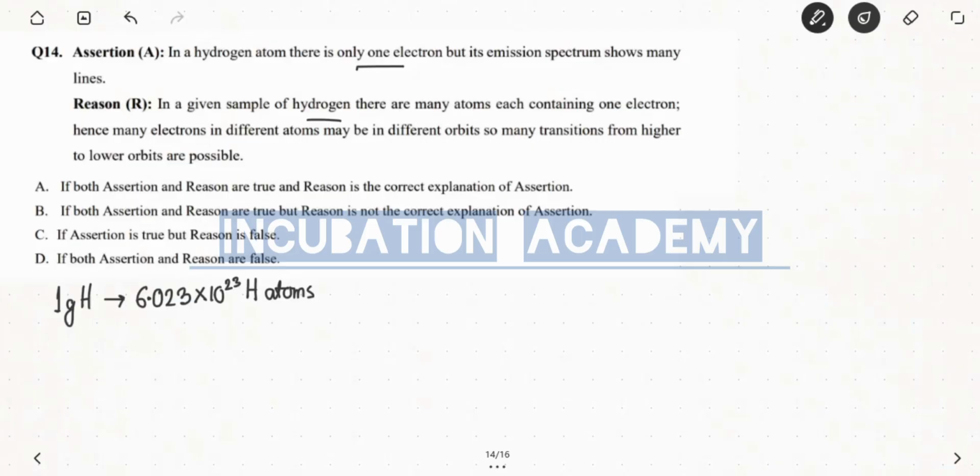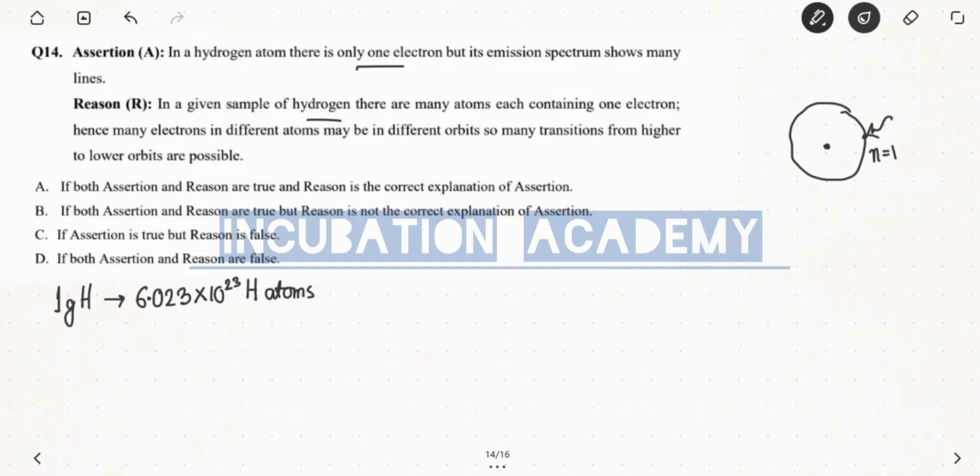We also know that hydrogen has one nucleus at the center and one electron revolving around the nucleus in a circular orbit, and that is at n equal to 1. But what will happen if energy is given to that particular electron from outside?